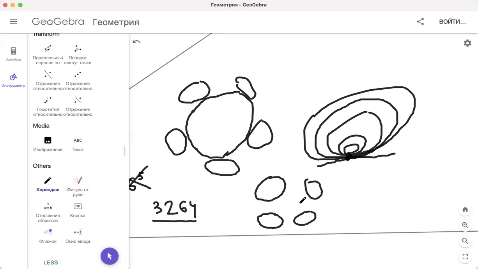I'm interested in such configurations for which there is a family of conics in which all conics are similar. It means that they all have the same eccentricity.